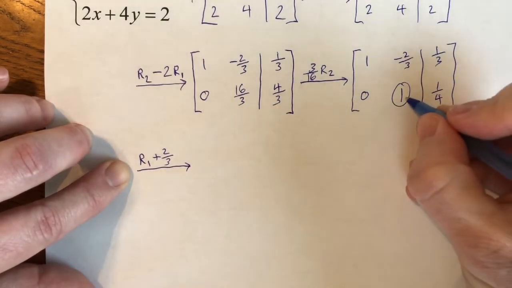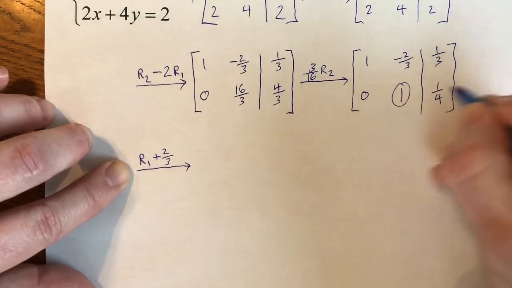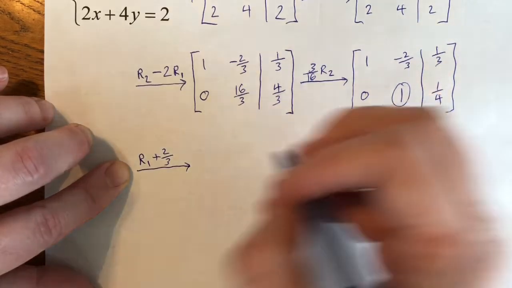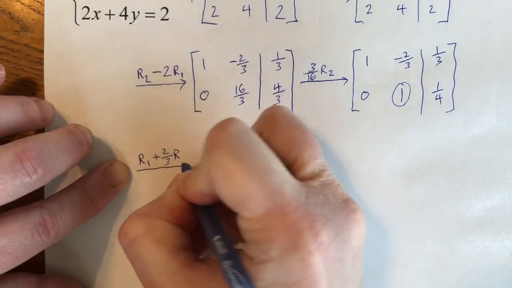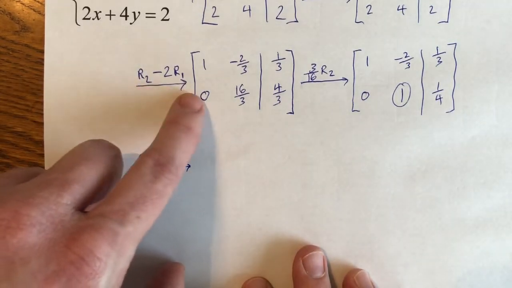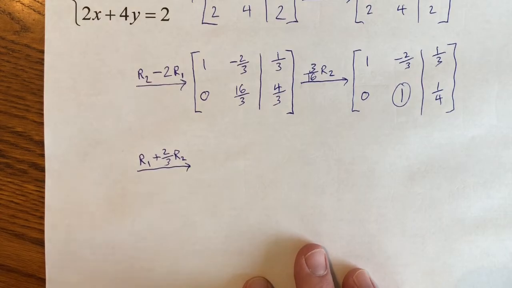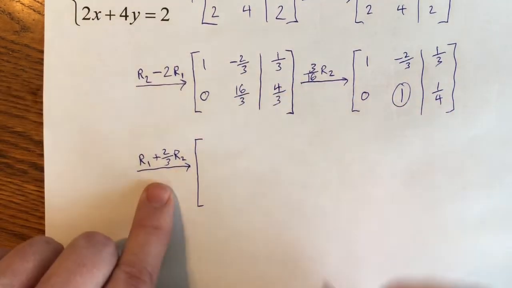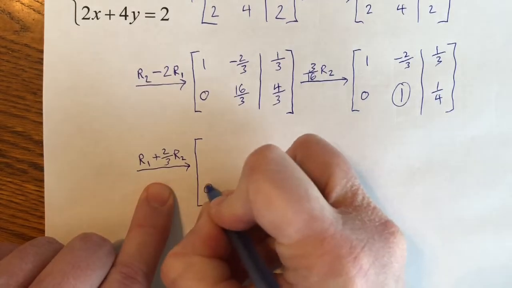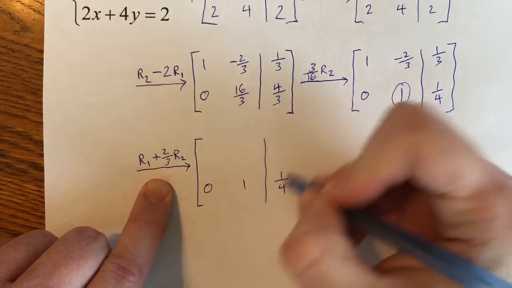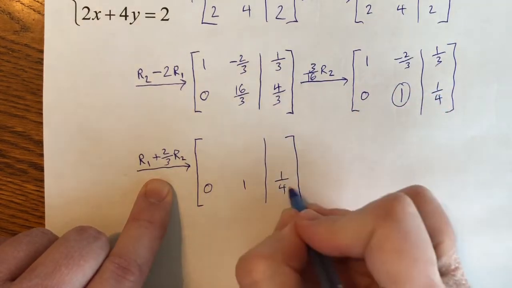And the final thing I'm going to write down is the row in which my new pivot entry is located, this pivot element, which is in row 2. Do you see how similar this is as compared to the previous time we went through this process? So let's finish this thing up. Row 1 is changing. Row 2 is not. So I'm going to go ahead and rewrite the elements in row 2.